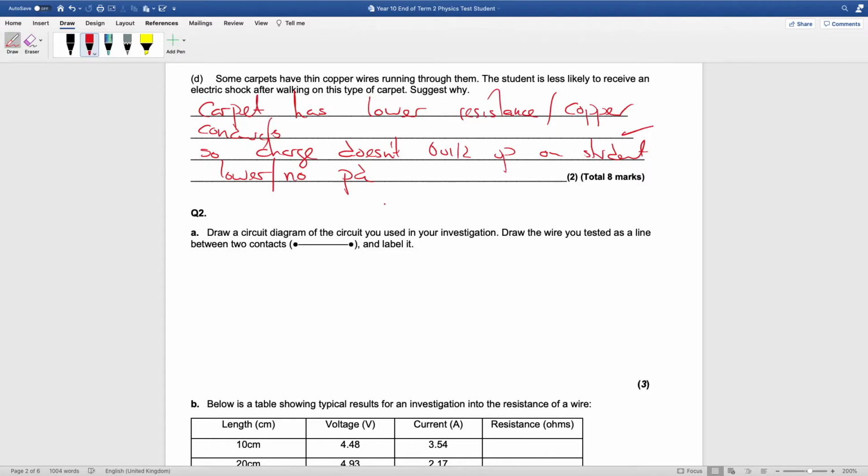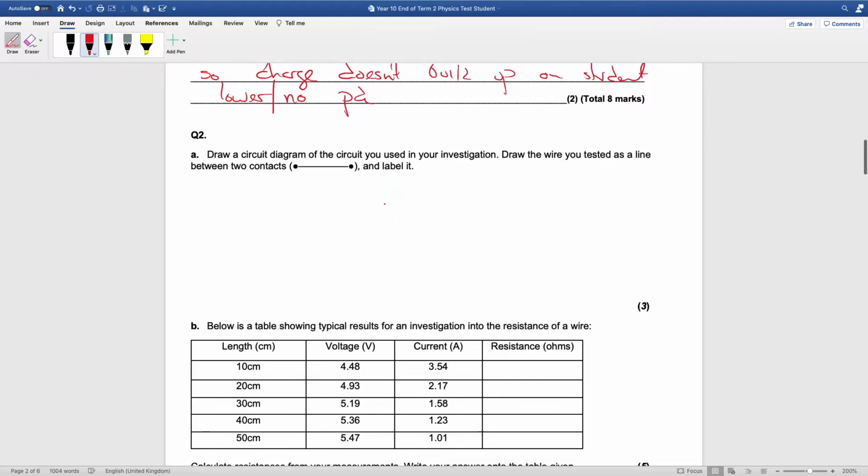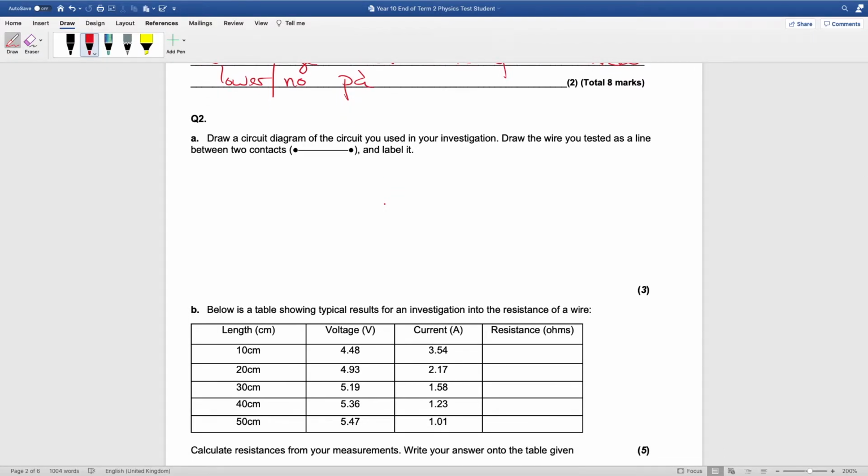So you need to have your wire, you need to have an ammeter to measure the current, you need to have a voltmeter to measure the potential difference, and a power supply, of course. So a battery or a cell, at least, in your circuit. Given the PDs involved in this circuit, you would have to have a battery, because the PDs are greater than 1.5 volts, which would be the PD across a cell.